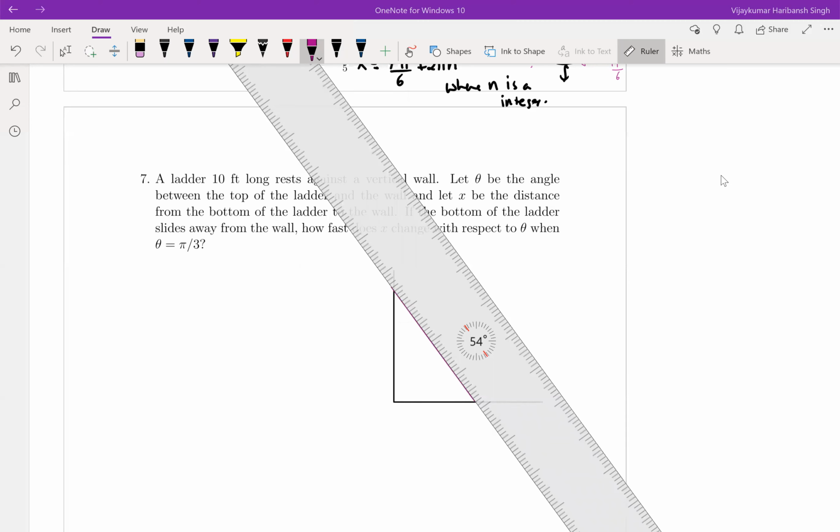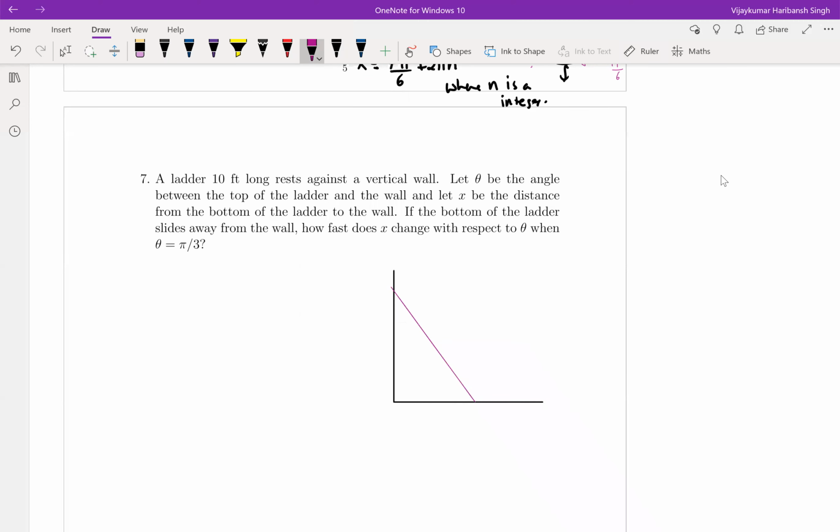Now, what are the things given to us? Theta is the angle between the top of the ladder and the wall. So this is your ladder. This is the wall. And this is the ground, right?